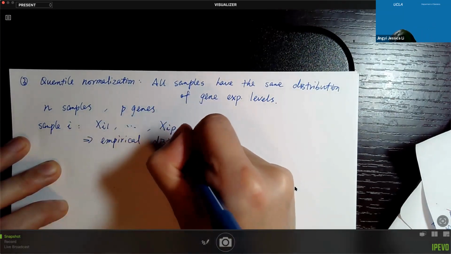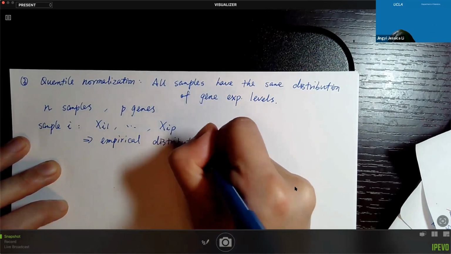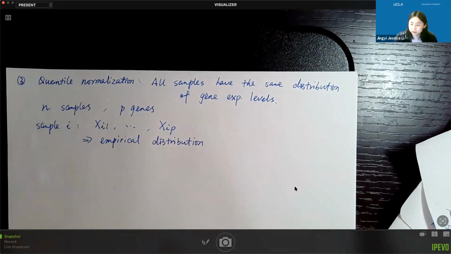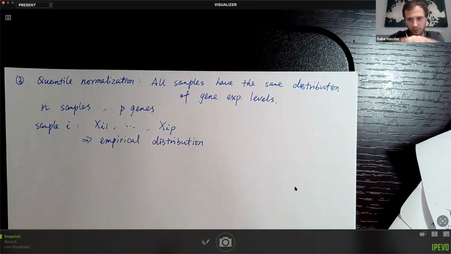So what does an empirical distribution mean? Anyone who has learned it before and willing to speak? Yes. Basically you build the histogram, and if you want to find the probability that the value is between two numbers, you take the number of values between those two numbers and divide that by your sample size, right?